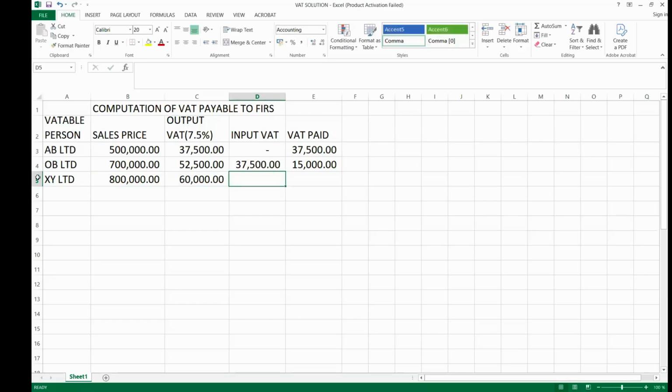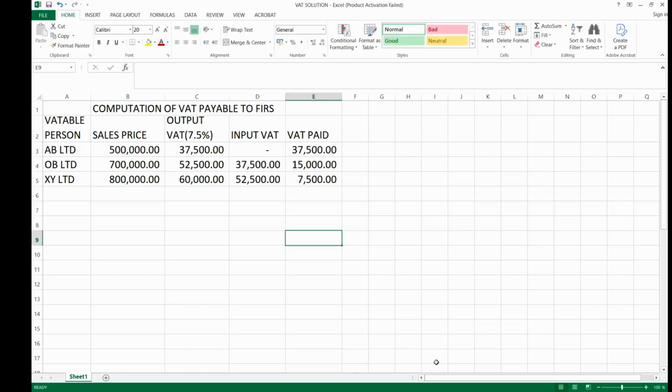This same item that SY Limited is selling at 800,000, they bought from OB Limited, which charged them VAT of 52,500. So this 52,500 is input VAT to SY Limited. VAT payable will now be the difference between the two, which is 60,000 minus 52,500.